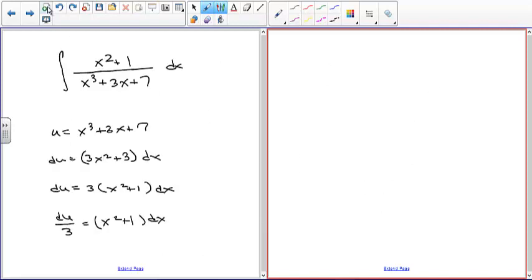So then I would make the substitution. x squared plus 1 dx is du divided by 3, and the whole denominator is u. I'd factor out the 1/3, and then I'd say, hey, that's in my book. I just use the formula.